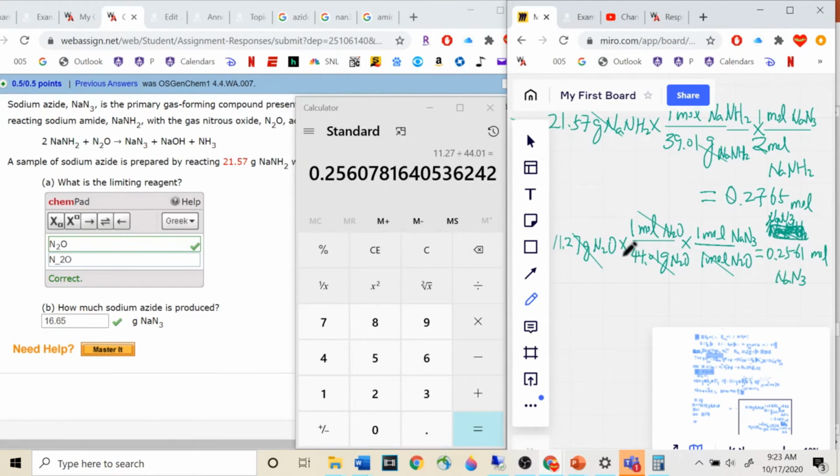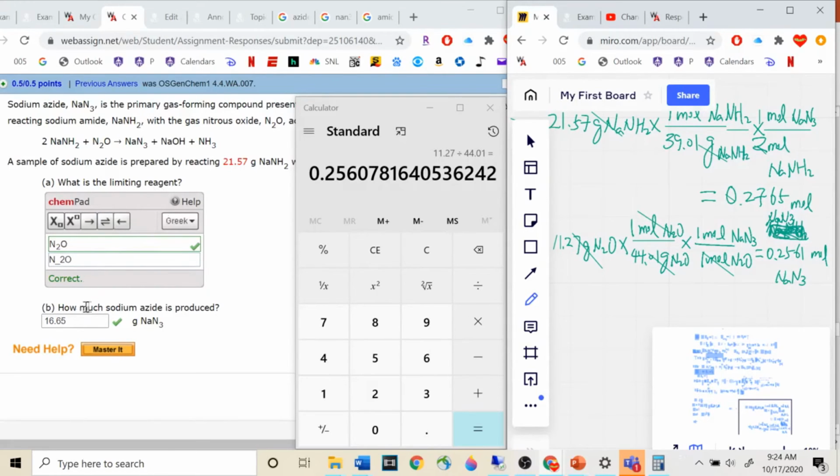Therefore, N2O should be the limiting reactant. As you can see, before I made this video, I already worked on this problem, so I already entered my answer. Therefore, N2O is the correct answer, which means N2O is the limiting reagent.